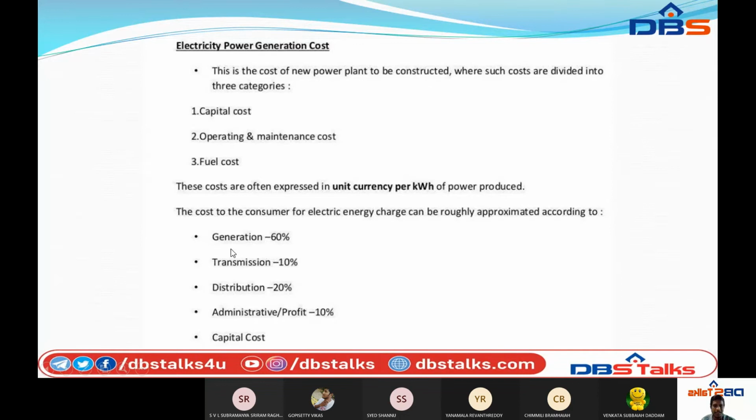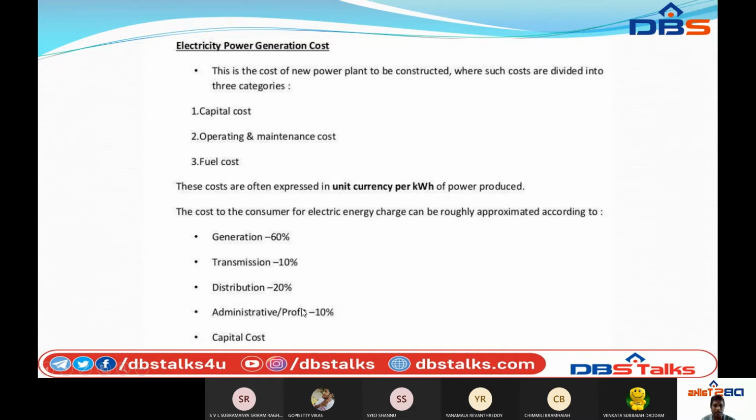In that, we are estimating generation cost is 60%, transmission cost is 10%. Transmission means creating the transmission lines from one place to another place. Distribution means that from the transmission lines, we are distributing to small areas.